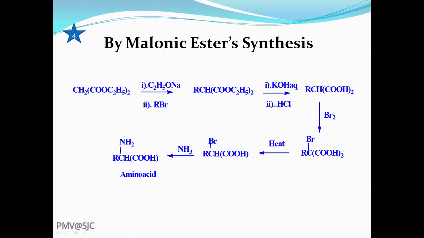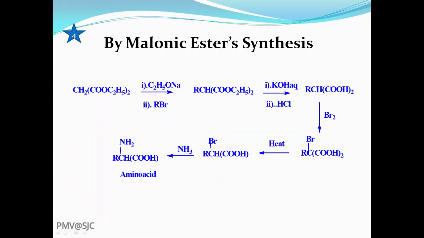So protection and deprotection result in low yields. Another important reason for the low yields is that as the number of steps involved in the synthesis increases, the yield goes down. So this is not an advantageous method.